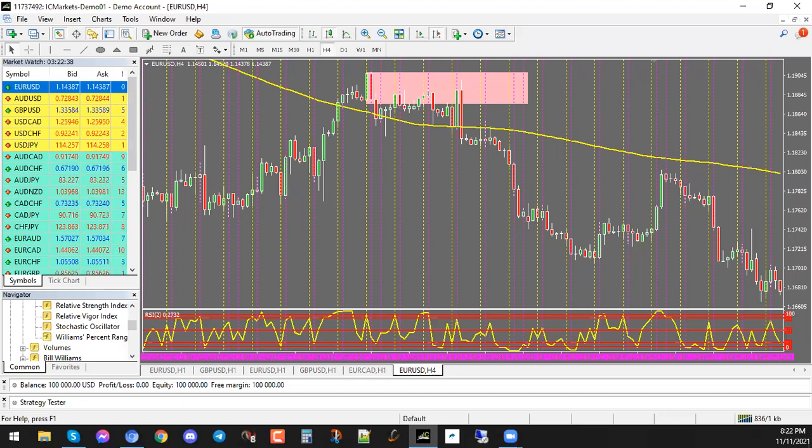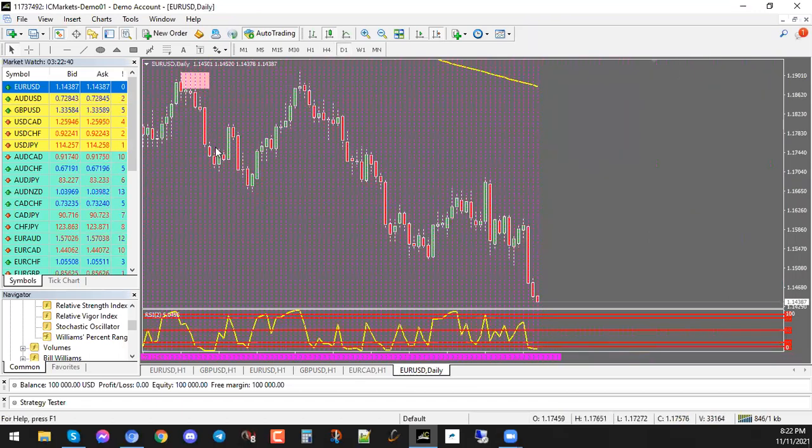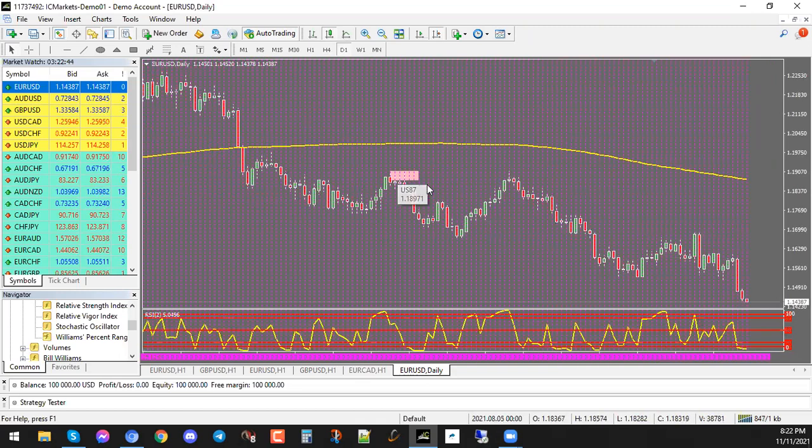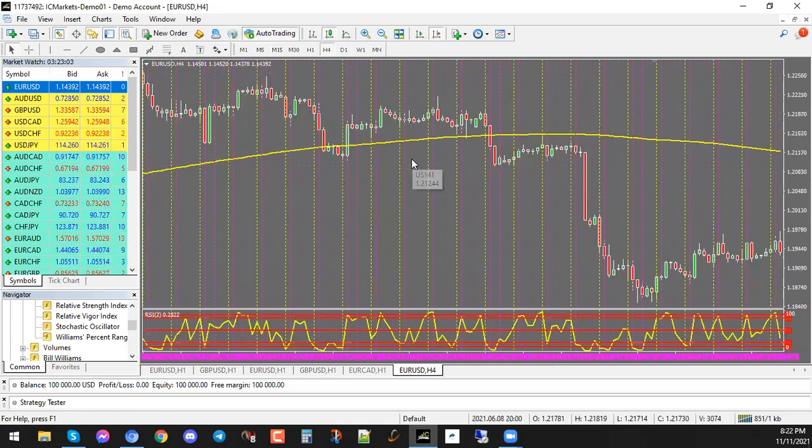If we went to a daily, it would look like this. Right, so a daily order block would look like this. And here you can see the price came back to that area right here and down. Make sense? Came back here, down. Let's go back to the 4-hour, and I'll try to extend that.